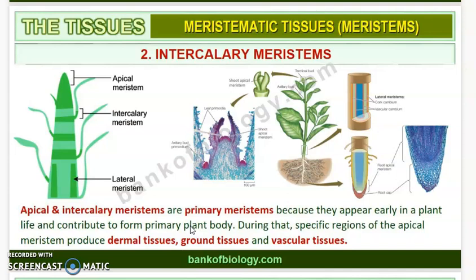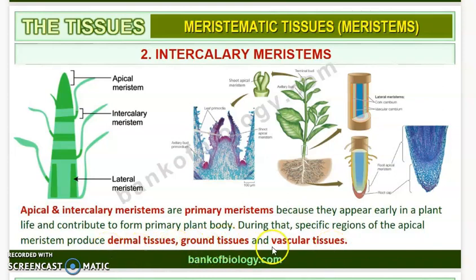Along with that, certain specific regions of the apical meristem will produce dermal tissues, ground tissues, and vascular tissues.